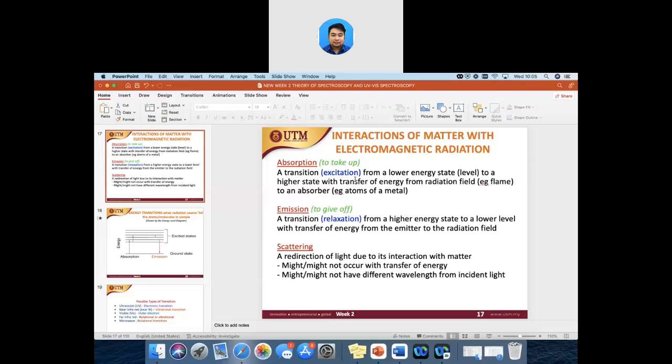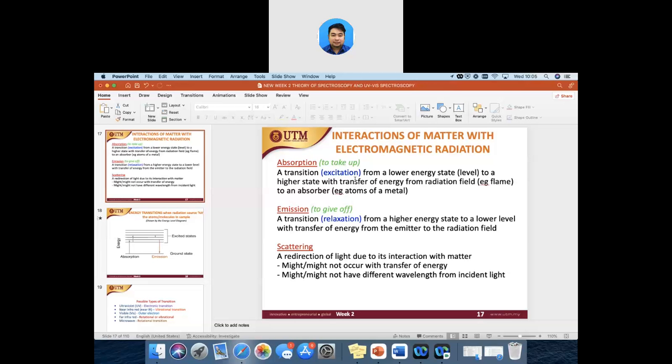So now imagine that your plumbum analyte is just dormant. I'm not doing anything, I'm just staying put, which means that I'm at the ground level. Now there is a new term.